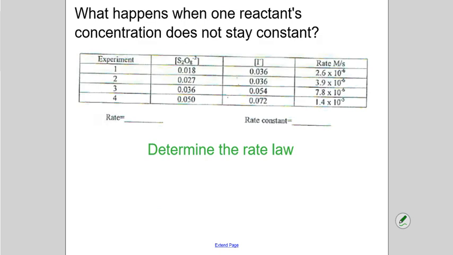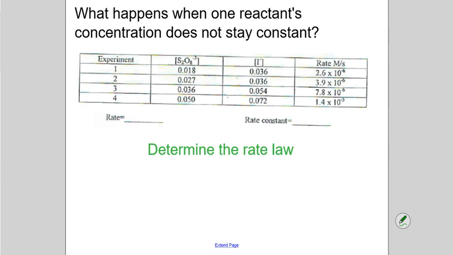So what happens when reactant concentration doesn't stay the same? So this is still differential. So determining the rate law for something where we only get one reactant that stays the same in this whole thing.